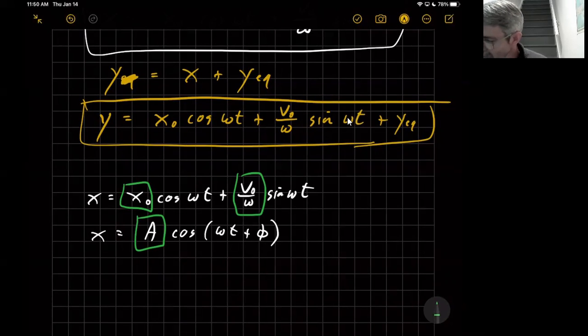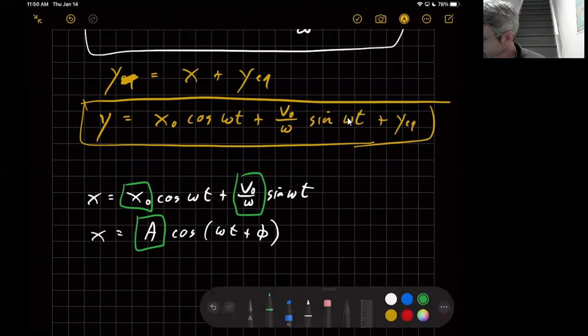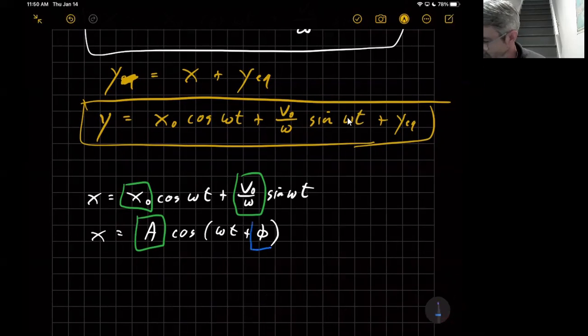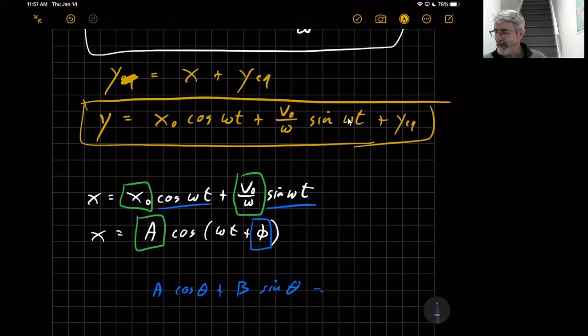And then we know that the phi shifts a cosine value. Two years ago in pre-calculus, we learned that combinations of sines and cosines added together, if in the form of A cosine of theta plus B sine of theta, will end up giving you a new constant.